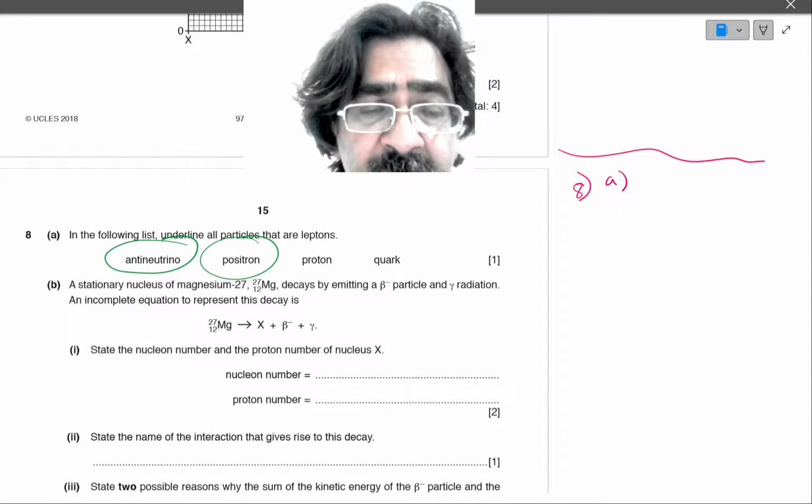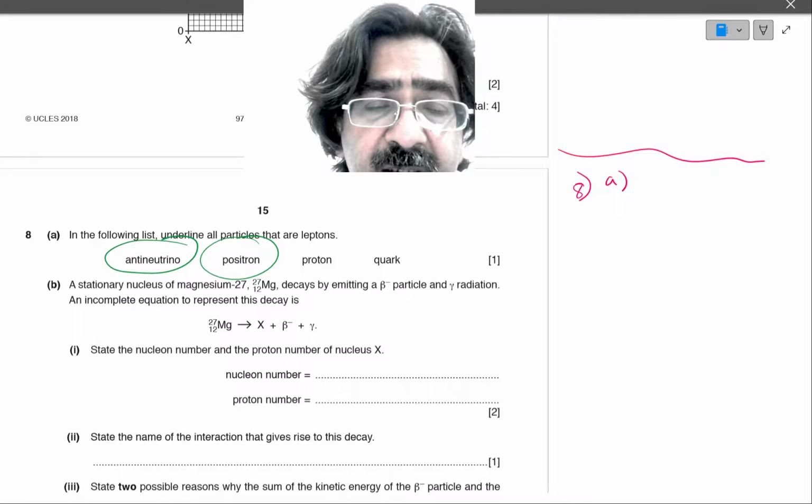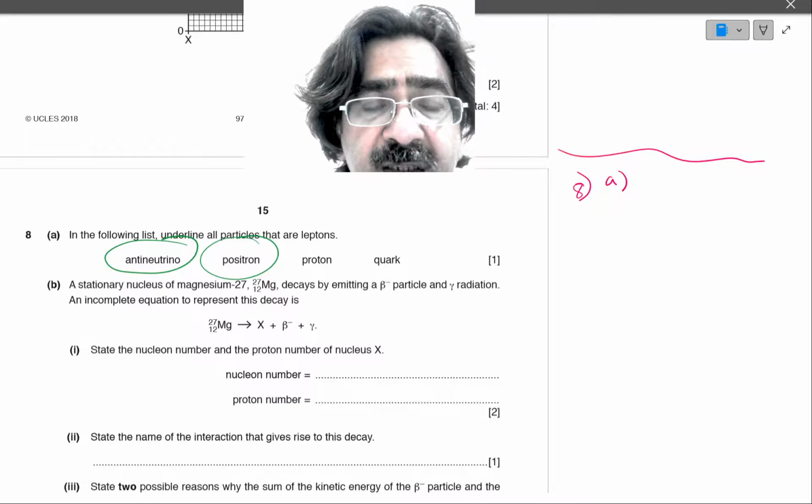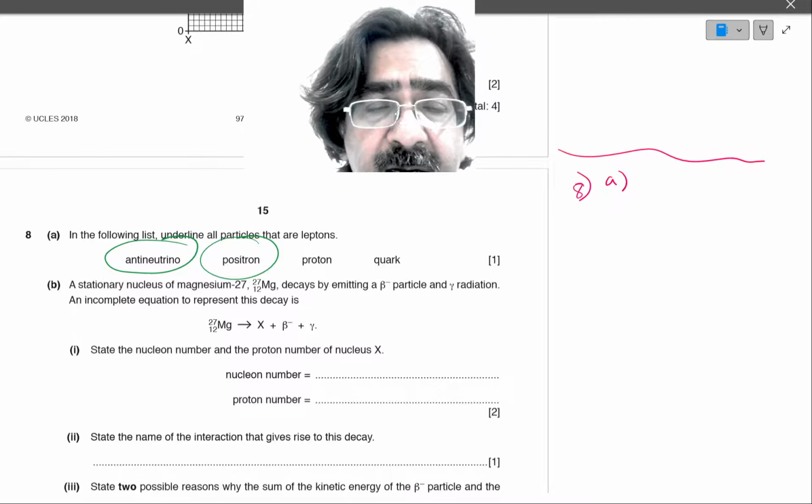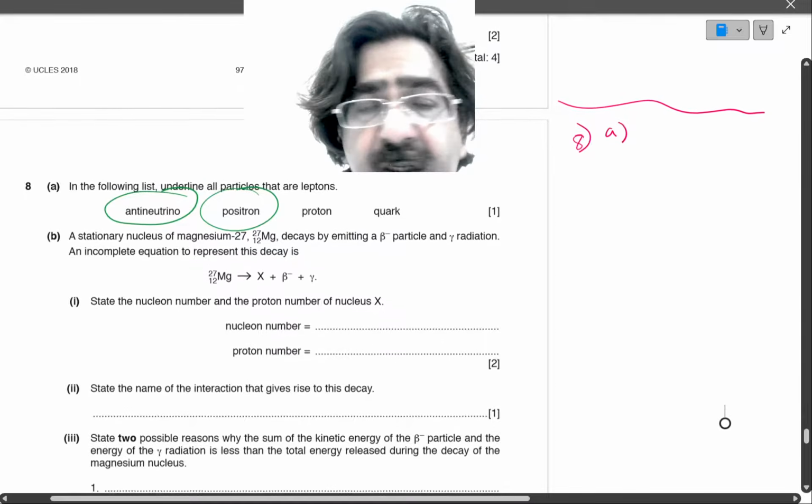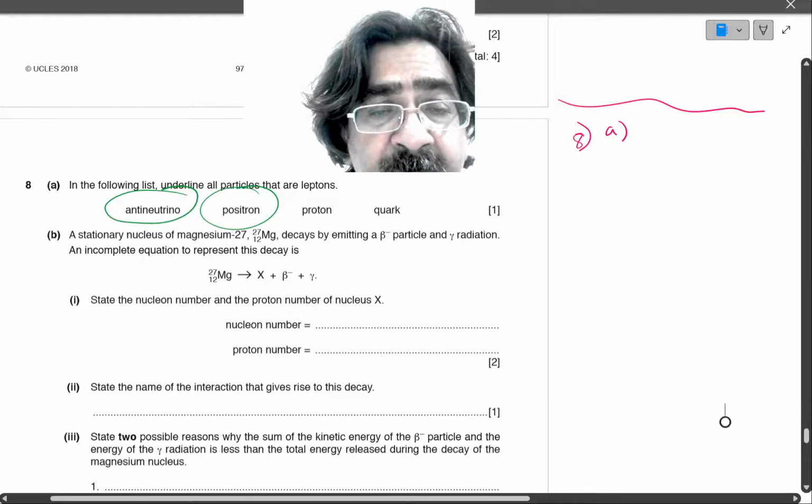Electrons, antineutrinos, neutrinos and positrons are actually the leptons because they have spin half, and positron is the antiparticle of electron. Neutrinos are also leptons.